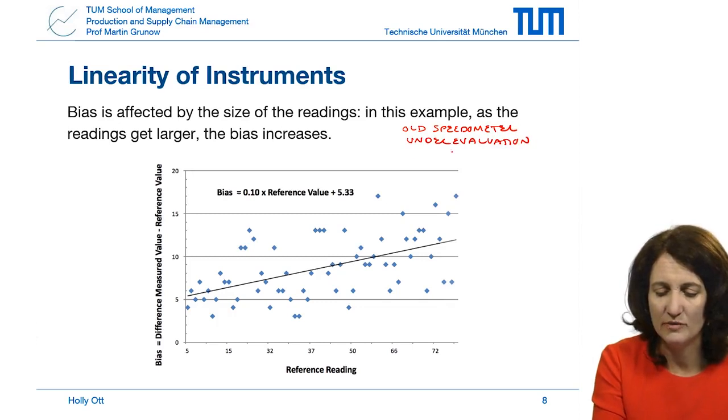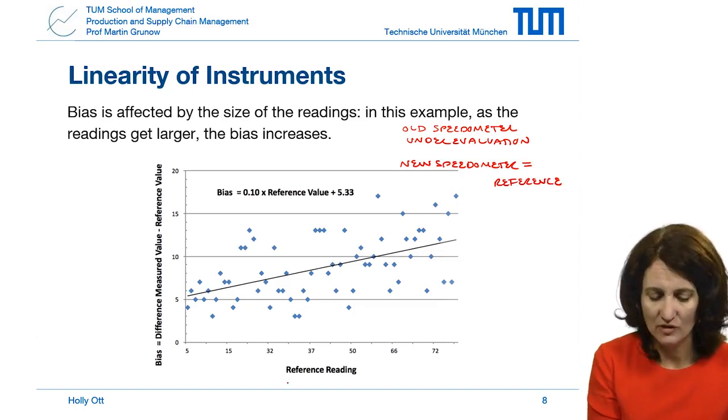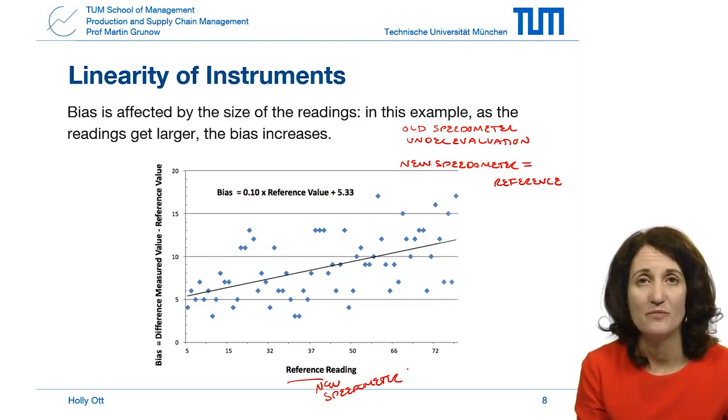And the new speedometer, which we assume here is our reference value, is accurately measuring the speed. This is our reference reading. This is our old speedometer. They're not the same. There's a bias. There's a difference between these two pieces of equipment.